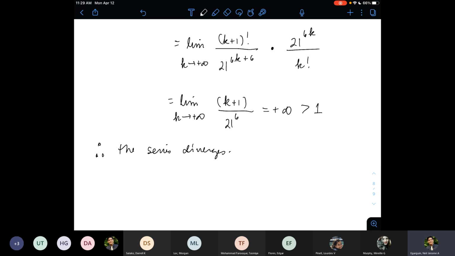This tells us that in the long run, the ratio between the current term and the previous term will be very huge. That means the terms at the latter part of our summation will keep on increasing at a much faster rate, so there's no chance that we will get a finite sum.